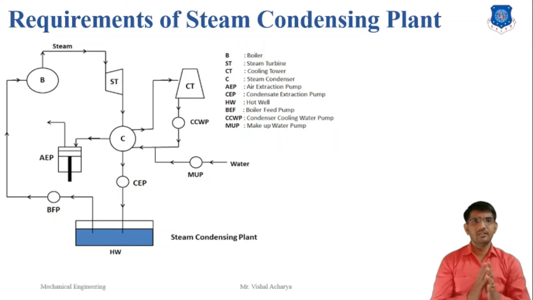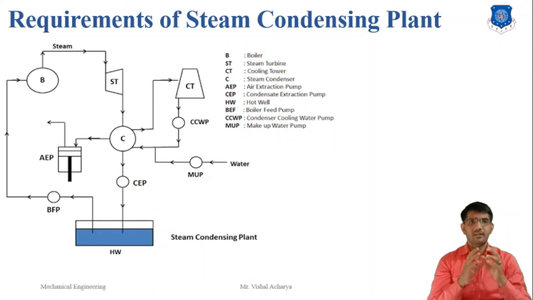So here the steam condenser working is like this: the steam condenser receives the exhaust steam from one end and comes into contact with the cooling water circulated from the cooling tower. As the low pressure steam comes into contact with the cooling water, it condenses and converts into water.